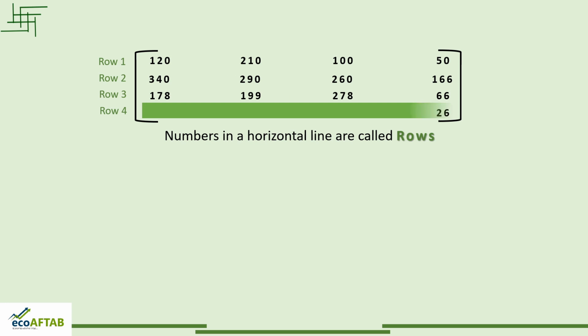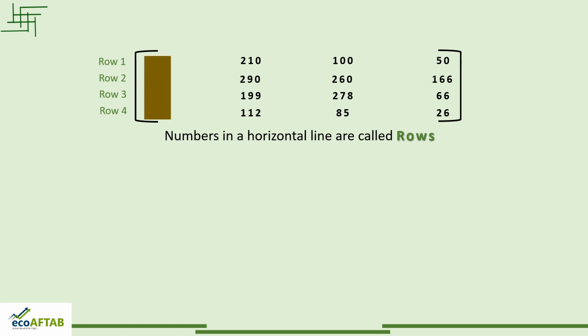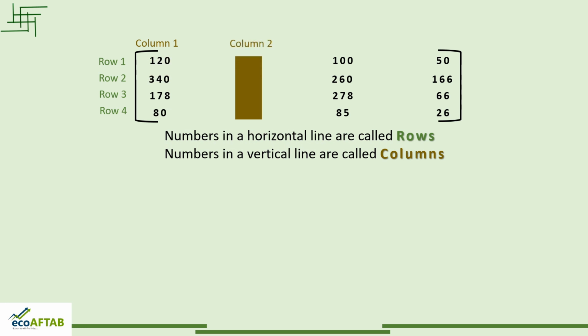So in this matrix, we have 4 rows. Similarly, if you go for the vertical line, this particular strip becomes our column 1. Numbers in a vertical line are called columns. This is column 2, this is column 3 and this is column 4. So there are 4 columns and 4 rows in this matrix.